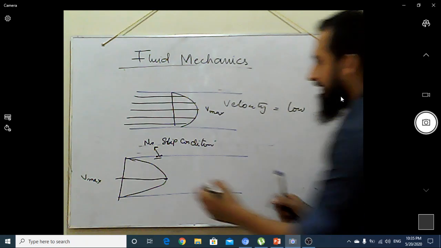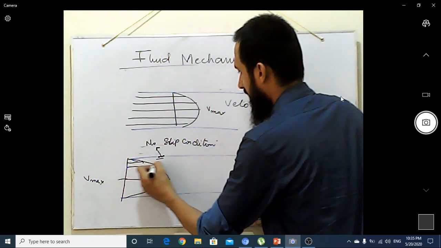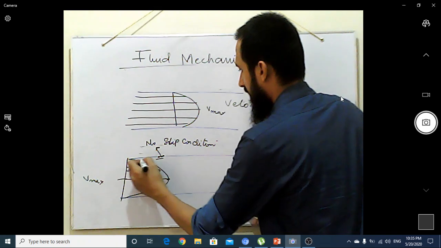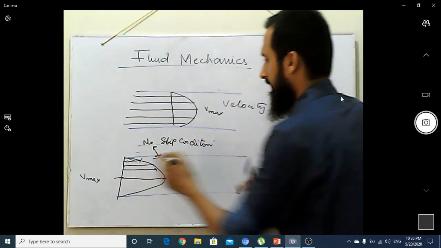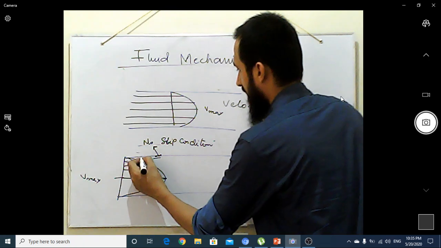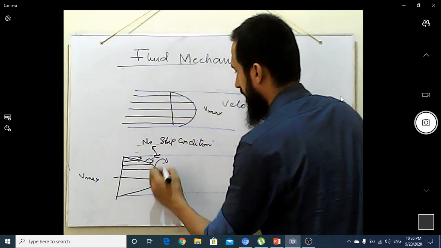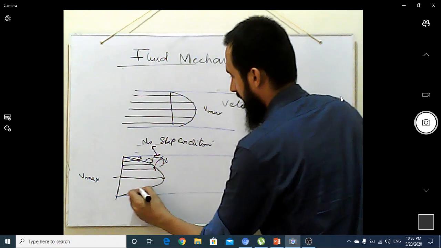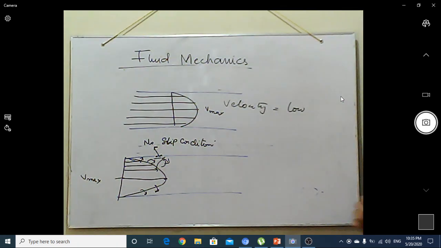So what happens? Actually, it drags up the adjacent layers, and when they drag up, this forms some eddy formation, and they show some rotational flow, and due to this rotational flow, the flow becomes turbulent. So we can categorize it.